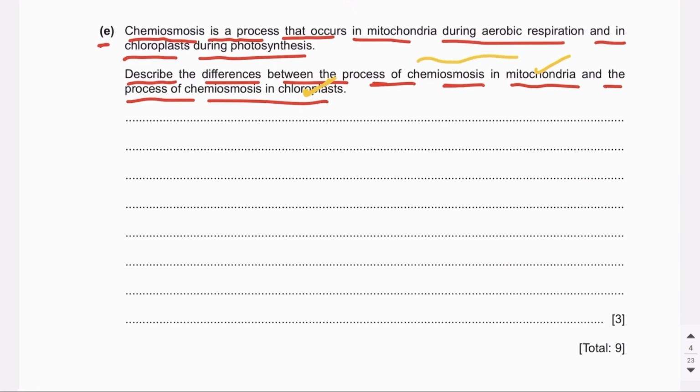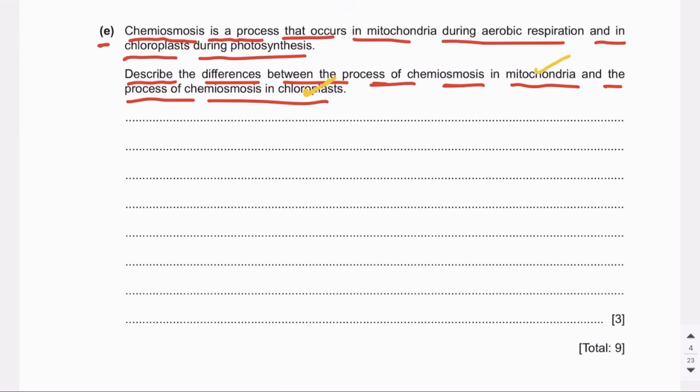And the other differences are that in the chemiosmosis in mitochondria, electrons and protons are provided by reduced NADs and reduced FADs, right? Whereas in chloroplast, hydrogens and electrons are provided by the water. Hydrogens and electrons are released by the photolysis of water, right?